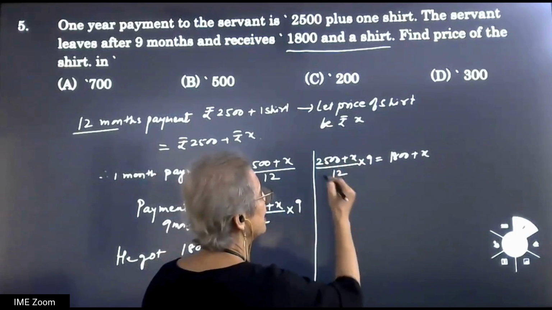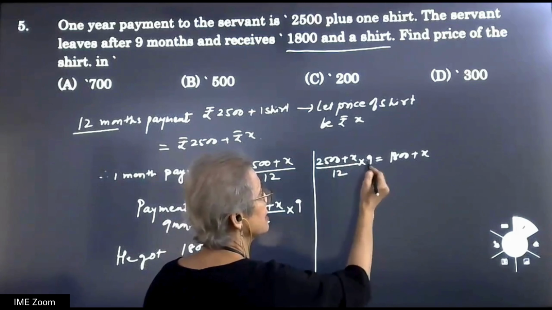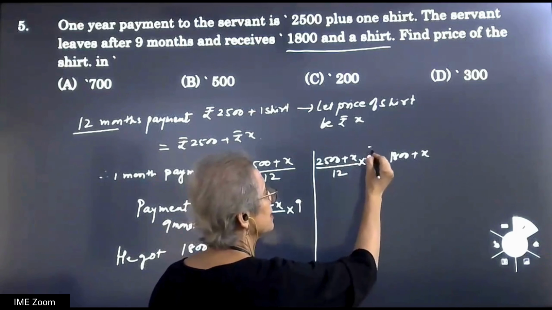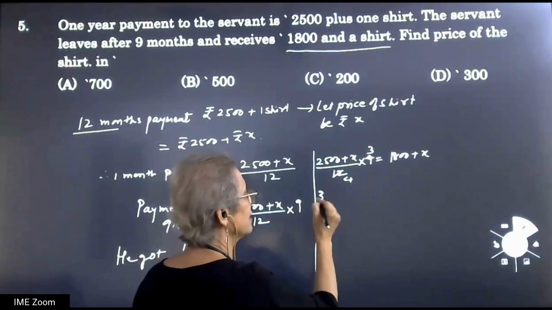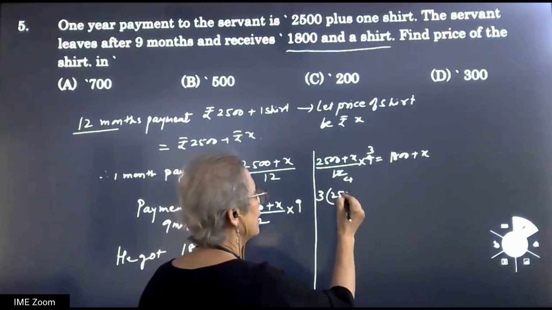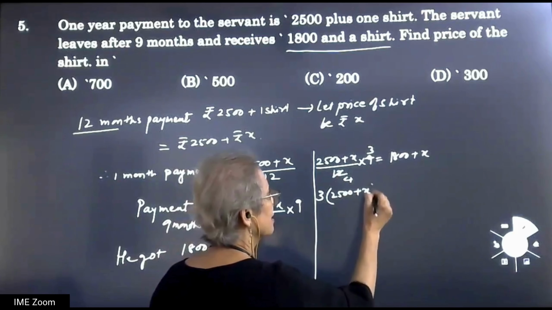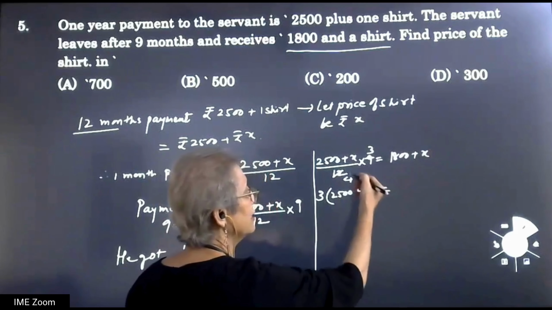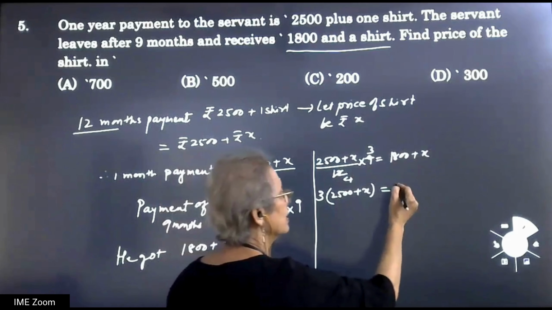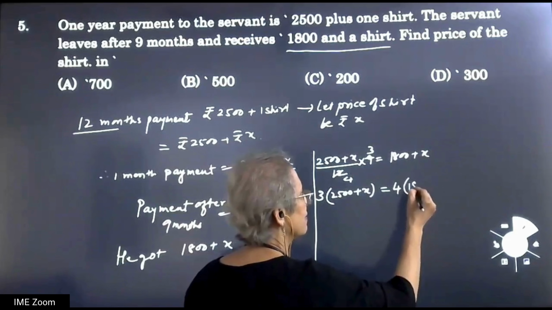Here we cannot do any cancellation, but we can cancel this 9 and 12. 3 3s are 9, 3 4s are 12. And therefore now our equation is 3 into bracket 2500 plus X equal to, this 4 is to be taken on that side, so here we will multiply.